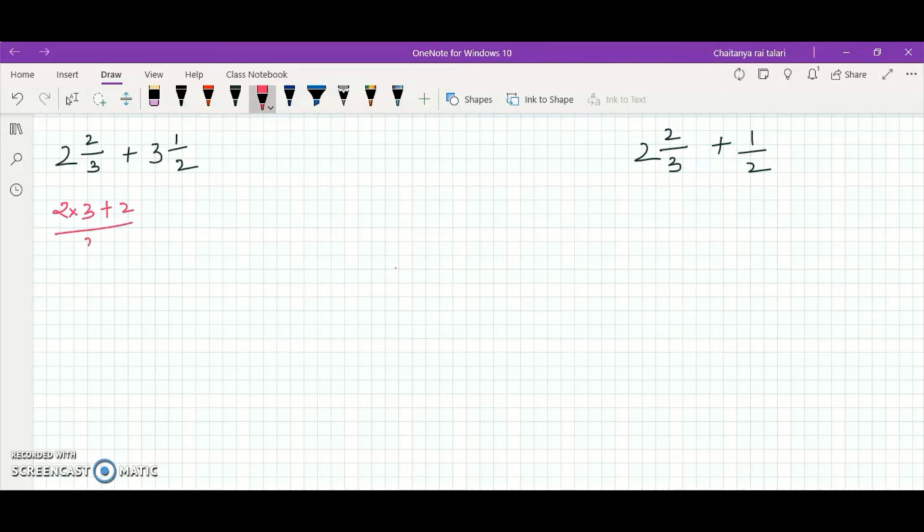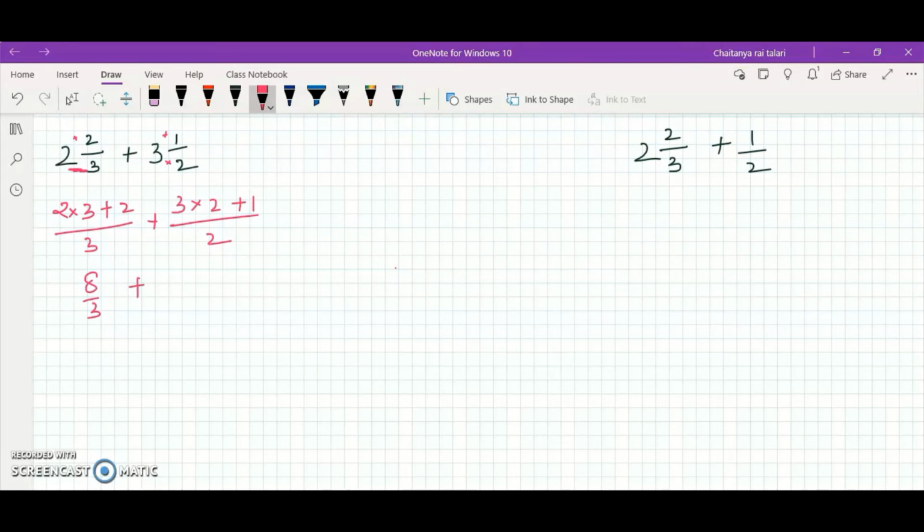First we multiplied these two, that is 2 into 3, then I added this one; multiplied these two and I added this one. Then 2 3s are 6 plus 2 is 8, that is 8 by 3, and this one is 6 plus 1, 7 by 2.